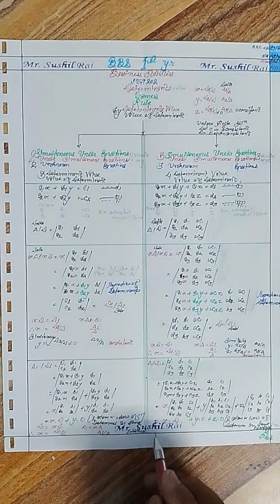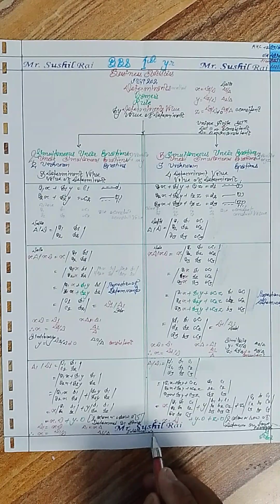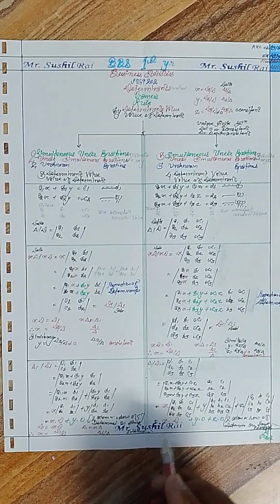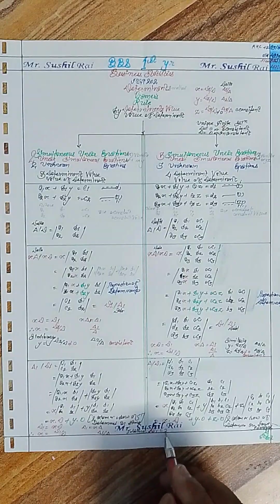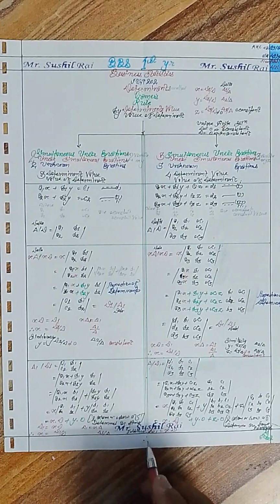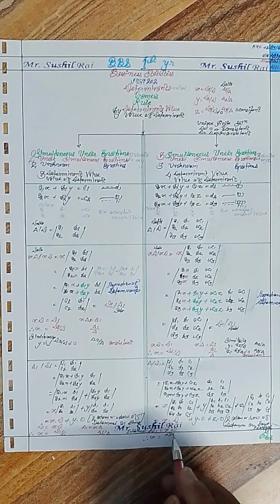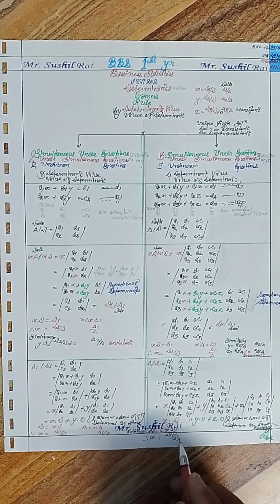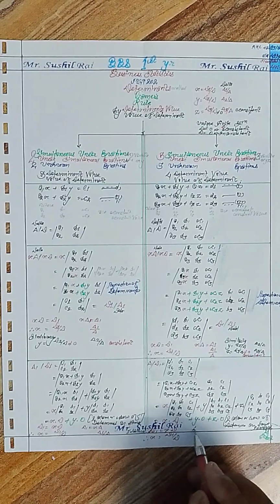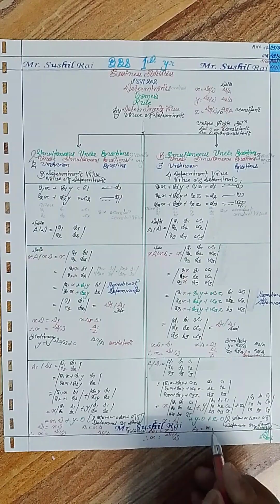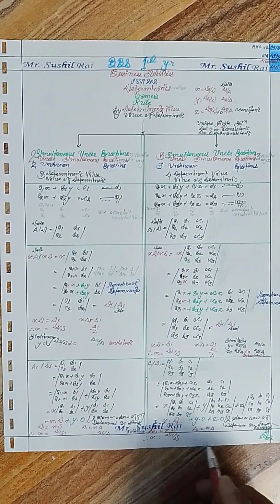Therefore D1 equals x D, so x is equal to D1 by D, and delta 1 equals x delta, so x is equal to delta 1 by delta.